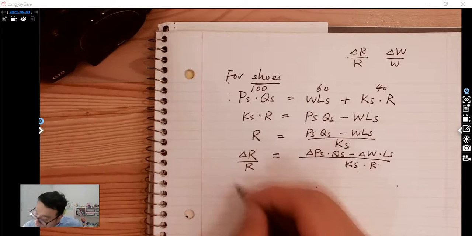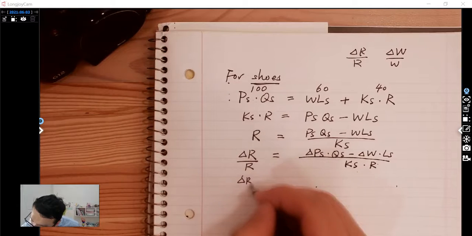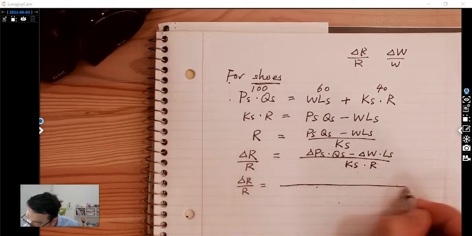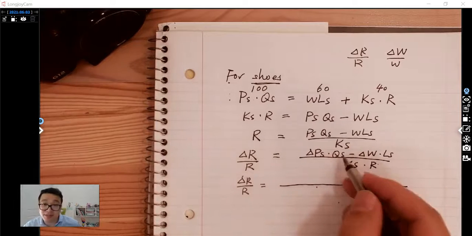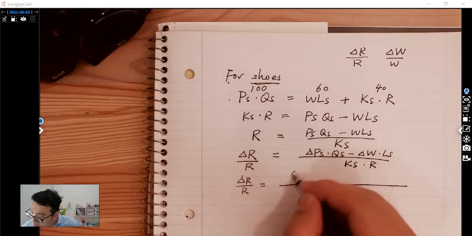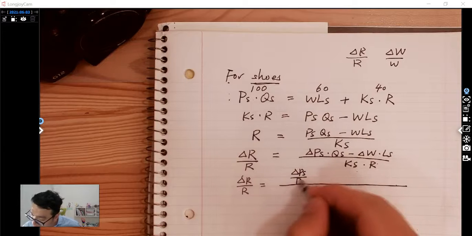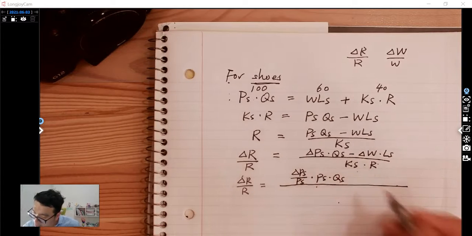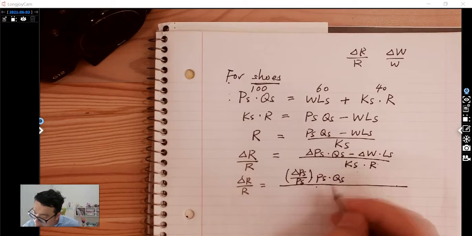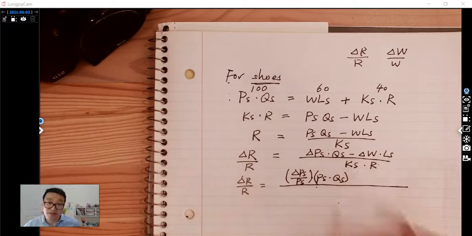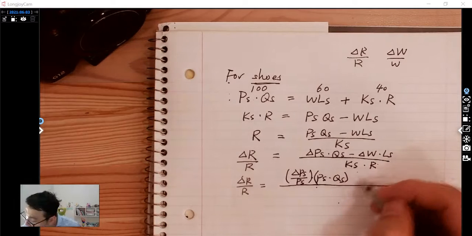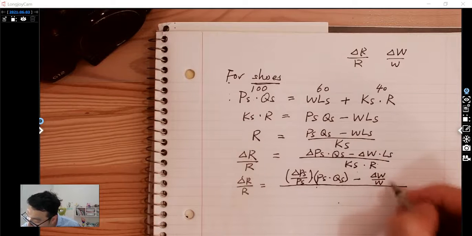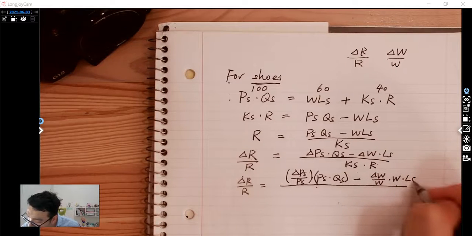Okay, and then remember the last time we said this is the very tricky part, which is we expand this delta PS times QS to delta PS divided by PS and then times the PS back and times QS. Because this delta PS over PS and the PS times QS are all given information, minus delta W, we divide by W, times the W back, times LS.